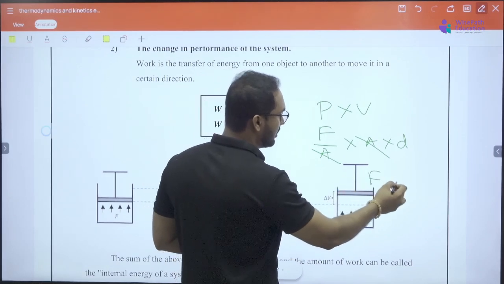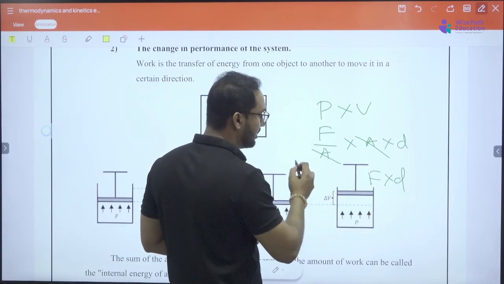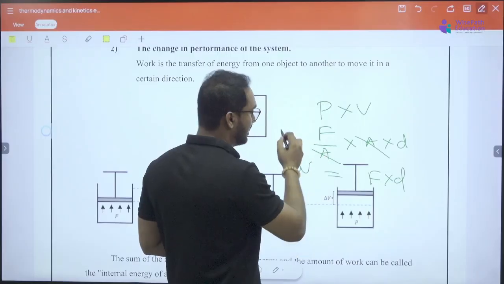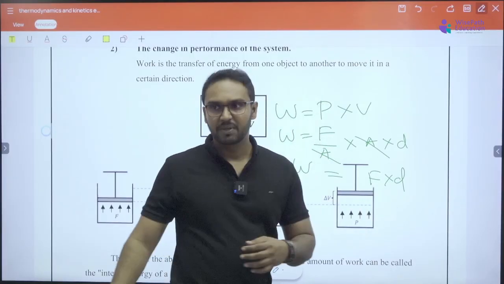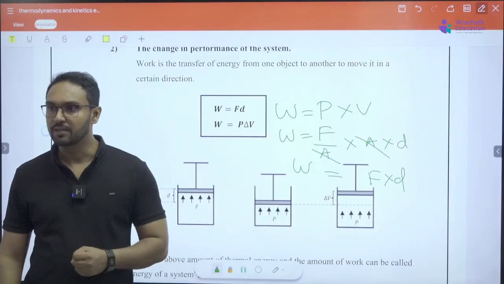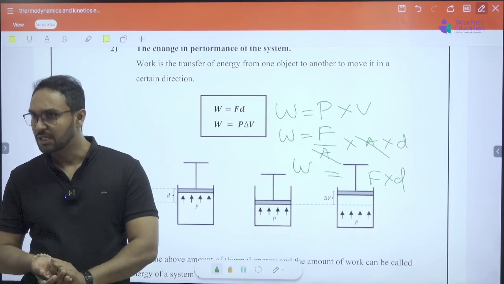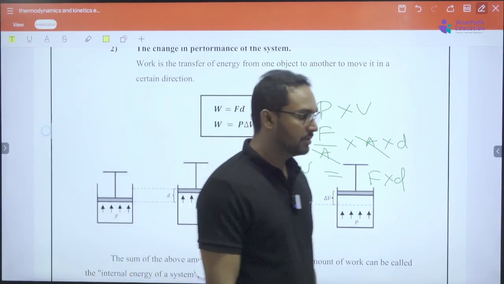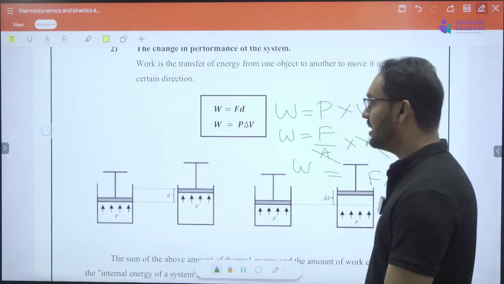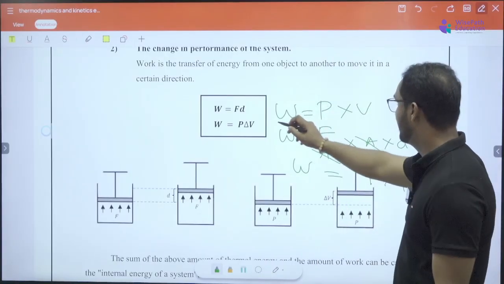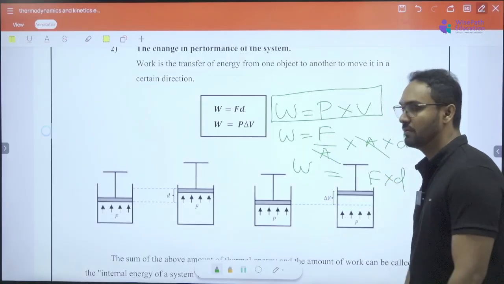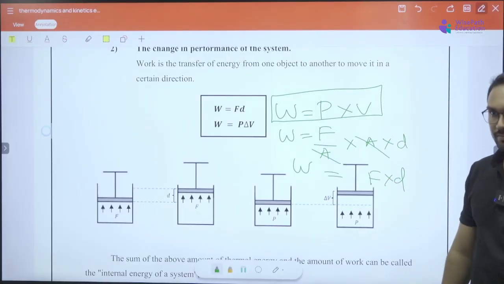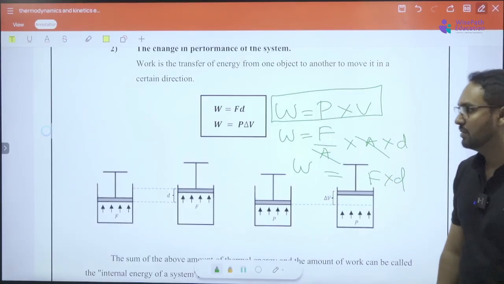F into D. Now F into D is the work, isn't it? So pressure into volume is also equal to the work done. Understood? This is a new formula you are learning. Work equals pressure into volume. That's a new one. Work equals pressure into volume.